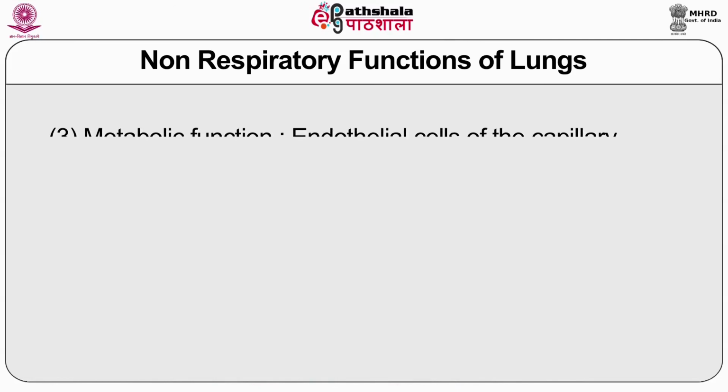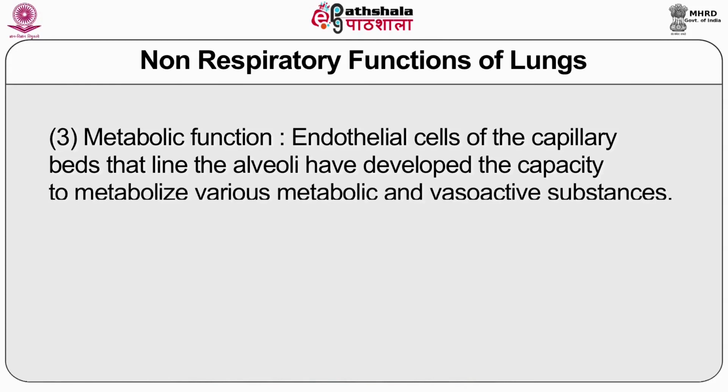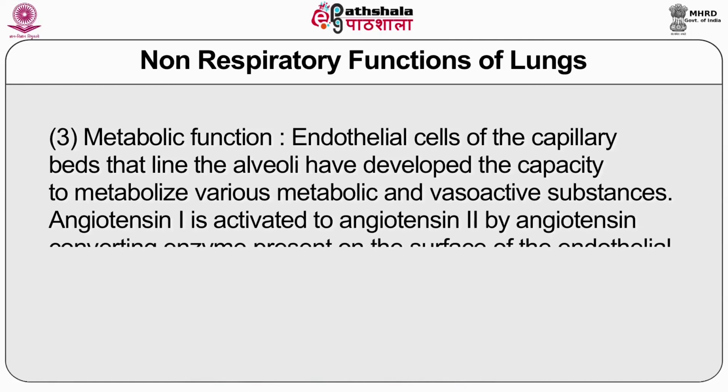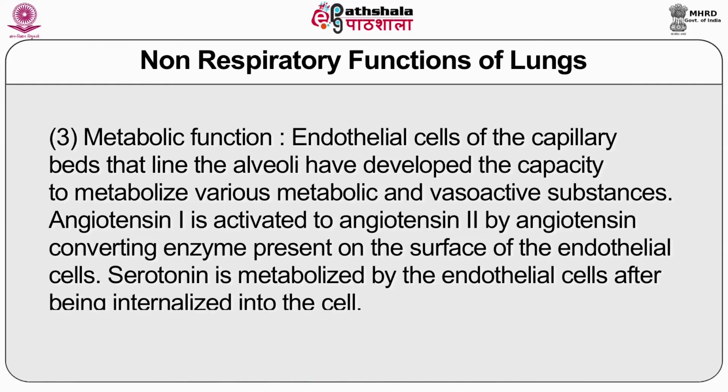Third is the metabolic function of the lungs. Endothelial cells of the capillary beds that line the alveoli have developed the capacity to metabolize various metabolic and vasoactive substances. Angiotensin 1 is activated to angiotensin 2 by angiotensin converting enzyme present on the surface of the endothelial cells.